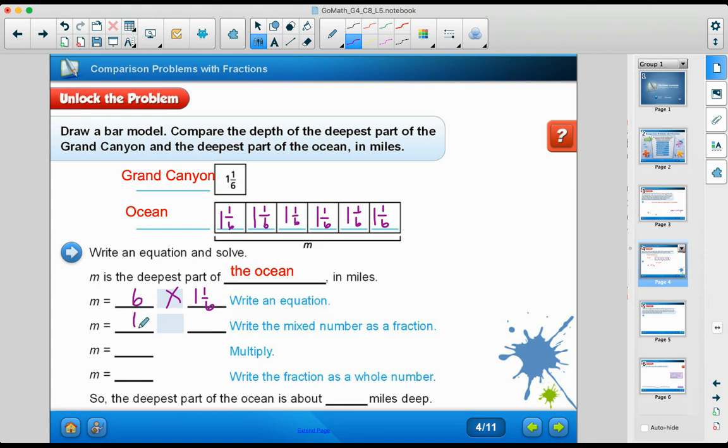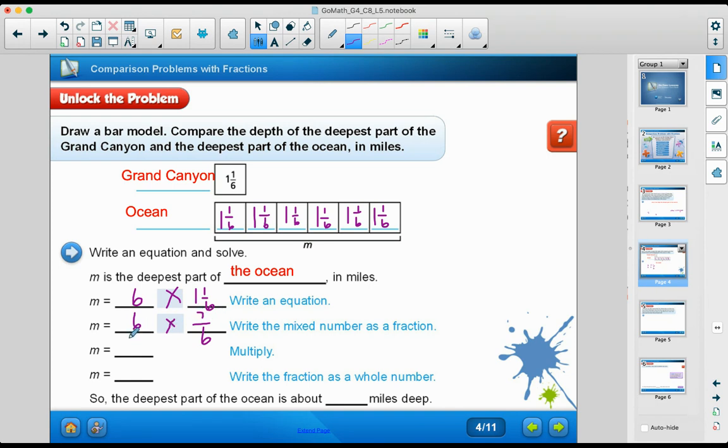Oh wait, this is a mixed number. I need to convert this to an improper fraction. 6 times 1 is 6, plus 1 is 7. So 7/6. Now I'm able to multiply it.